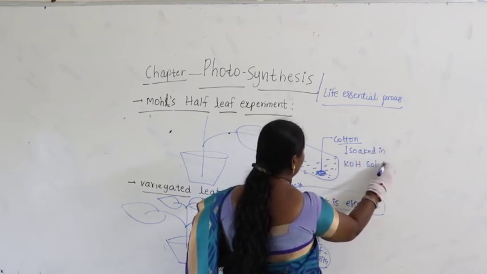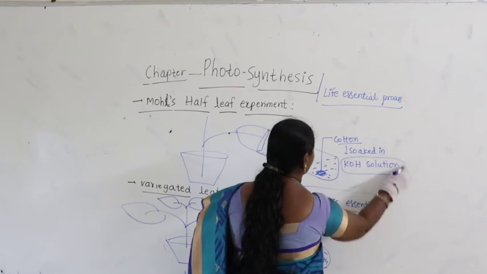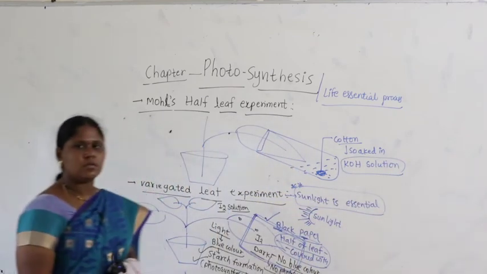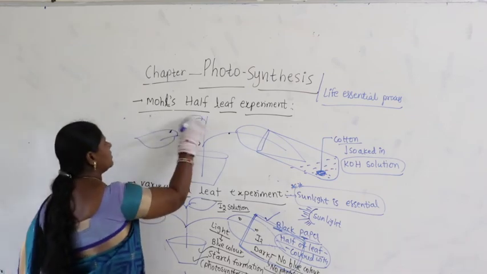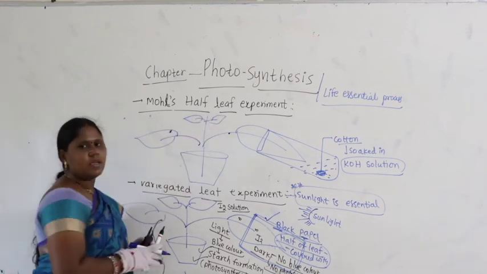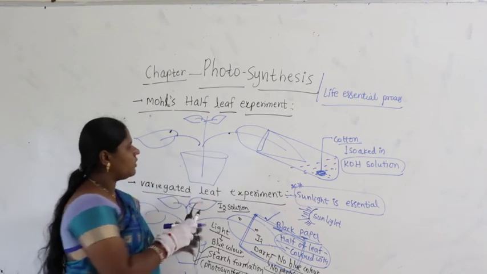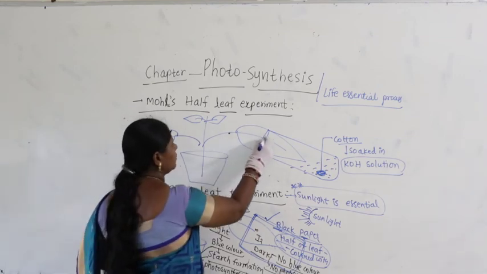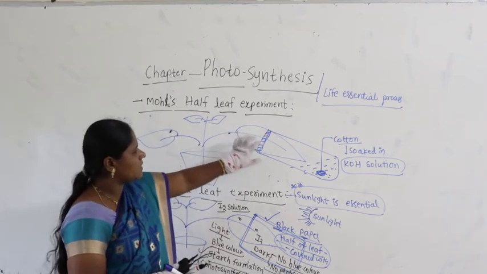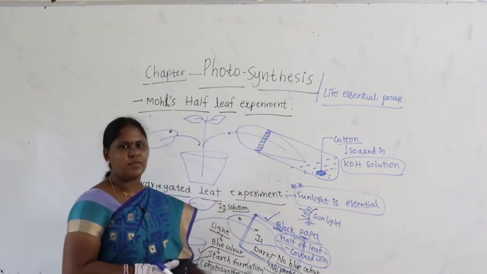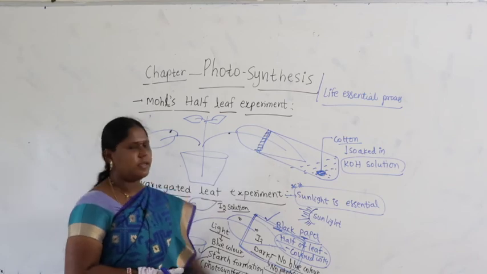So I will write here, KOH solution. Simply, a pot having leaves is taken in the experiment. In that, half of the leaf is carefully placed inside the test tube.